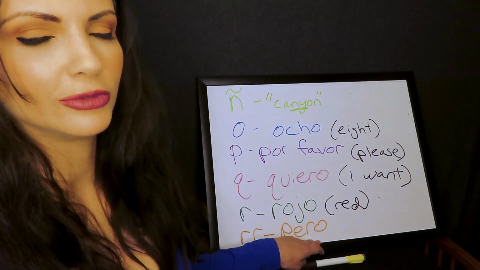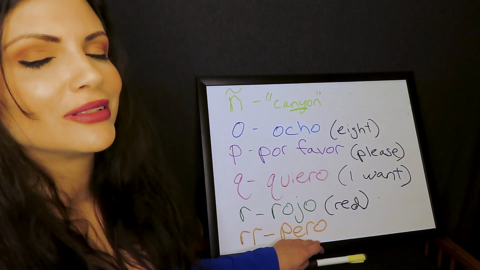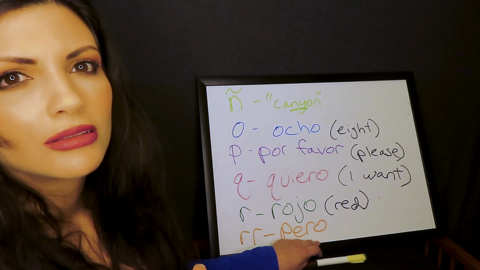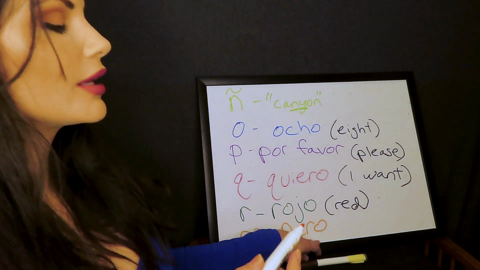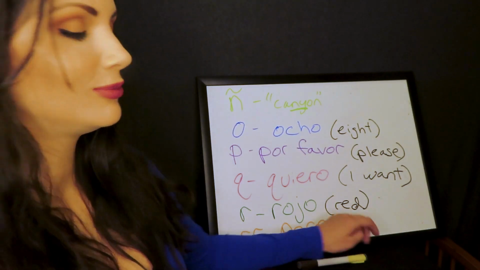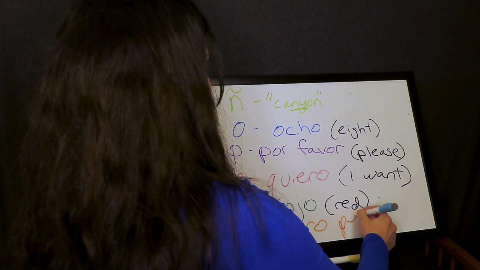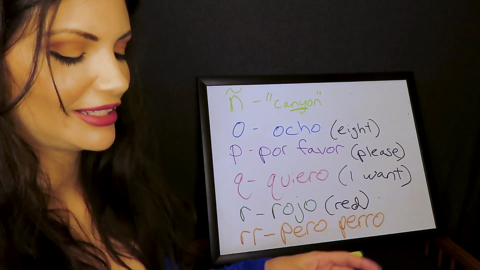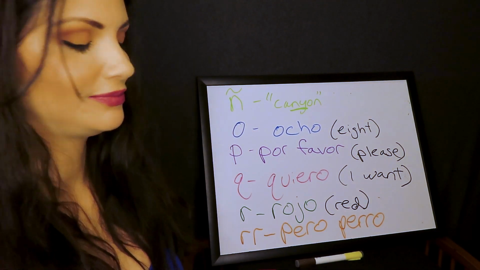There's pero, which means but, such as in, I like that, but it's too expensive. And then if you say perro, that is a completely different word, and it means dog.